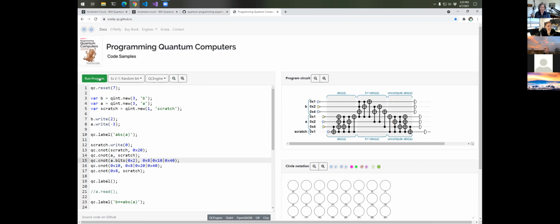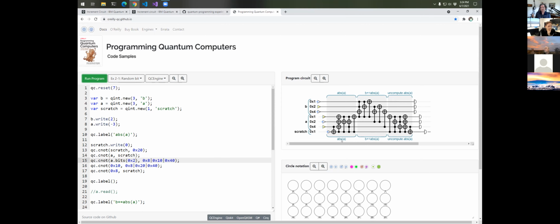Theoretically, if I hit run program, it should be unchanged, which it appears this step is unchanged. Even though this code works, I kind of had to go, okay, 1, 2, 4, 8, 10, since we're in hex, 20, 40. That's what these numbers are, even though there's probably an easier way for me to do that.